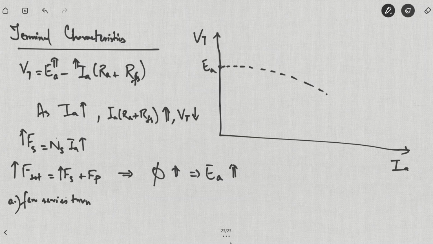Therefore, with few series turns where Ns is less, Fs is equal to Ns Ia, although Fs will increase, it will not increase by that much of a magnitude, and EA will not increase by that much of a magnitude. So I am showing it by one arrow here. So EA increases, but it will not increase as much as compared to the drop in IA into RA plus RFS. Therefore, we'll get a curve like this.